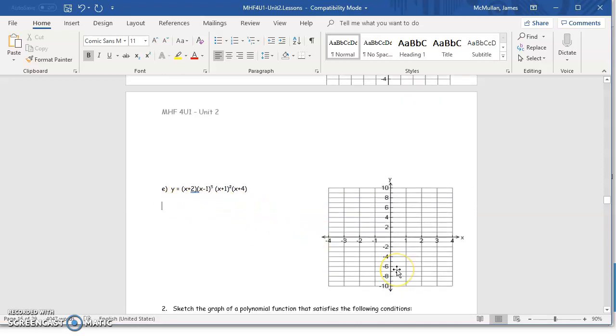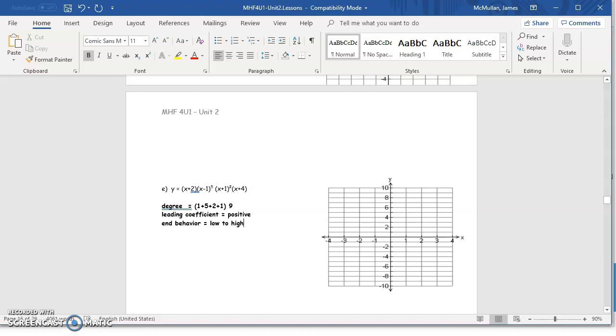So this one here, let's think about the degree. The degree for this one is degree 1 plus 5 plus 2 plus 1, right? You see each factor. I can count the order of each factor, and that will tell me the degree of the overall function, which in this case appears to be degree 9. The leading coefficient is positive, so my end behavior is low to high.